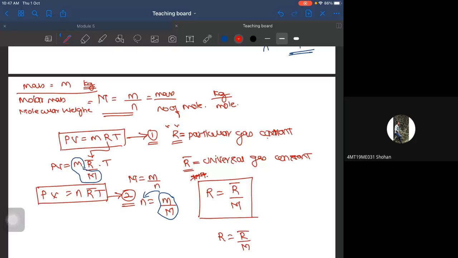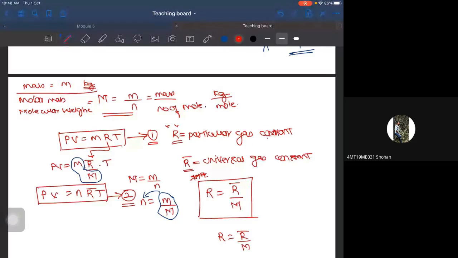The first one is PV equals mRT, in terms of the particular gas constant, and the other is PV equals nR dash T. It could be mRT or nR dash T, where R dash is nothing but the universal gas constant. Any doubts until now?